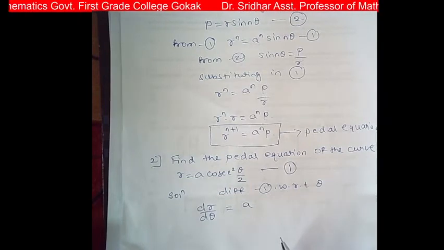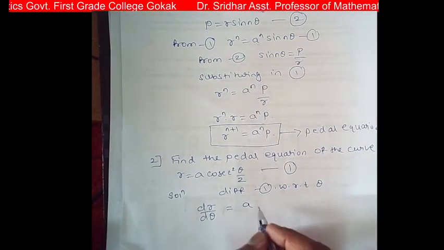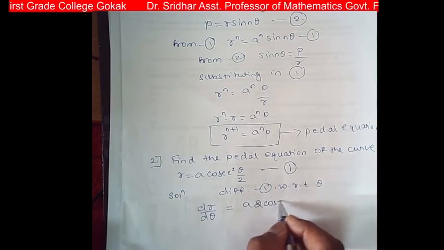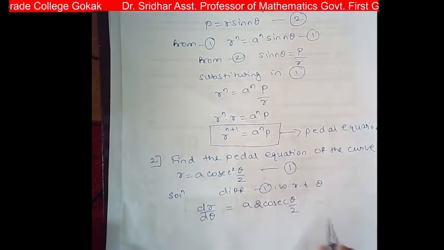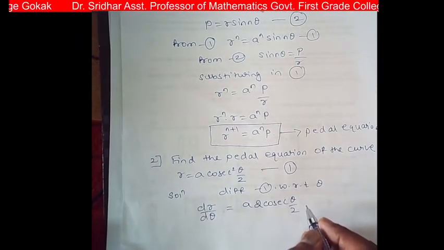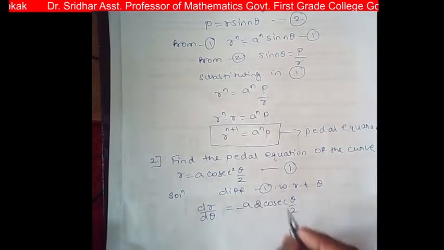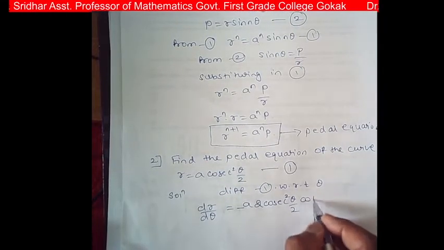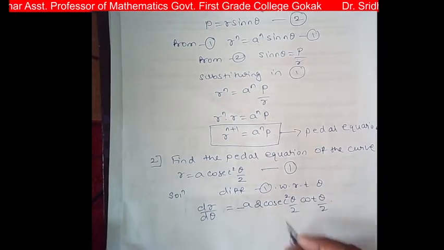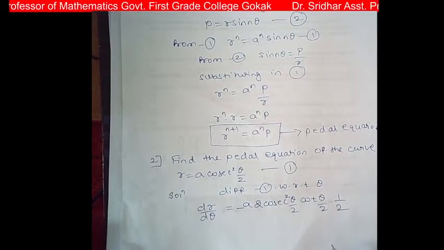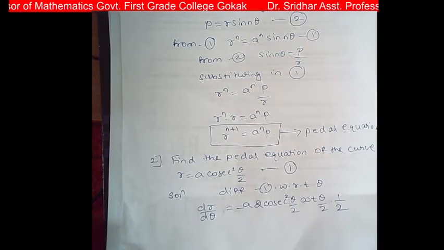Now differentiation of cos squared theta by 2: first you differentiate the square, so 2 cos theta by 2. Again differentiation of cos theta by 2 is minus sin theta by 2. Then differentiation of theta by 2 is 1 by 2. So this is dr by d theta.